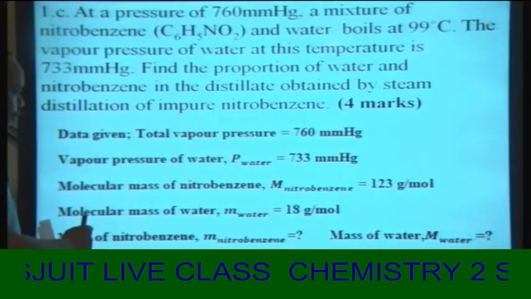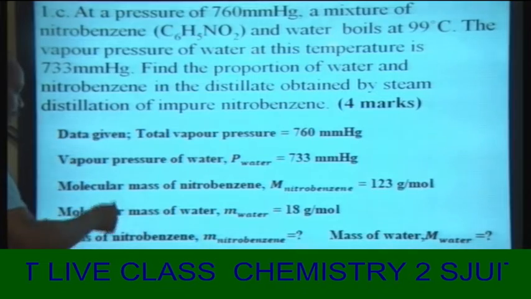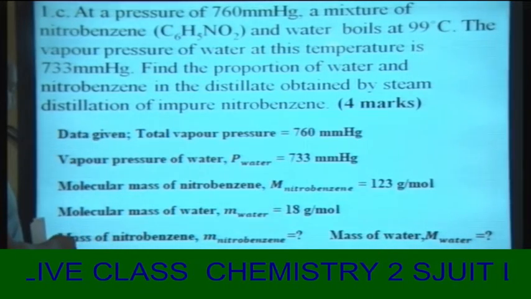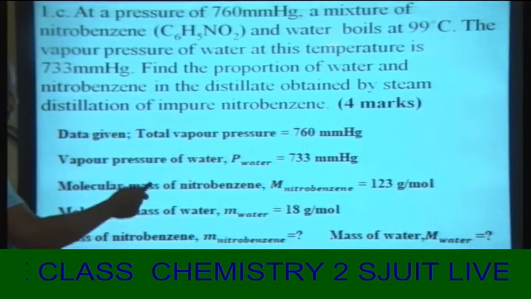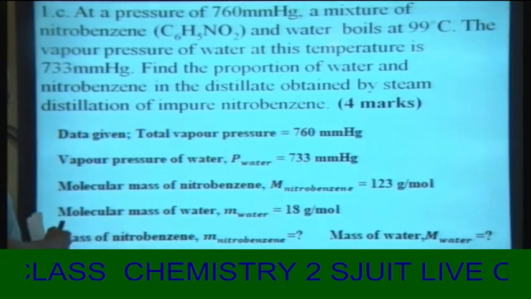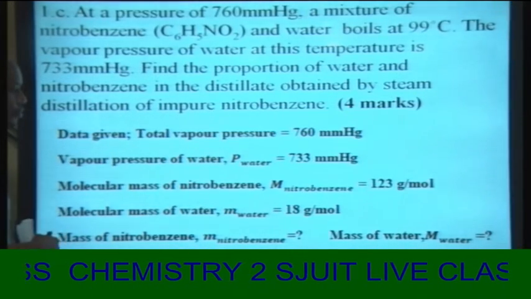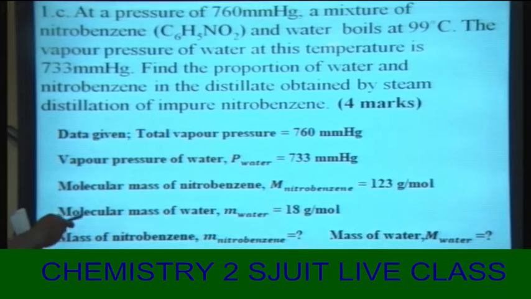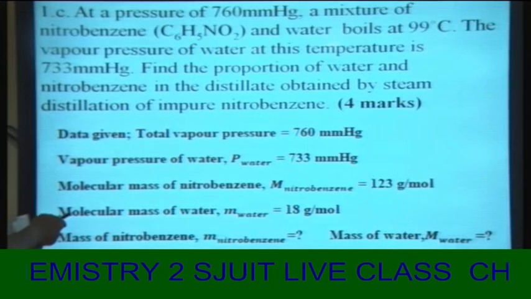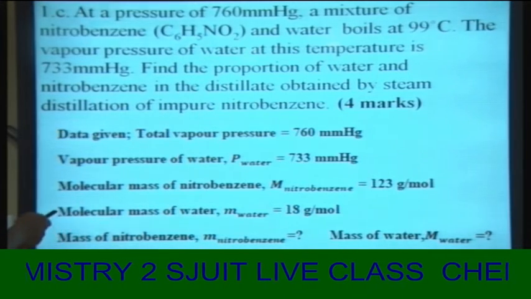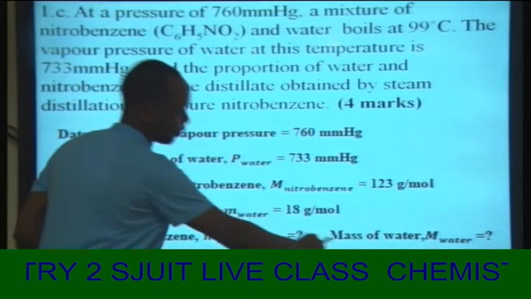A proportion of water means the mass of water, as well as the proportion of nitrobenzene means the mass of nitrobenzene, in a mixture which contains nitrobenzene and water. And in here, we need to use again Raoult's law in order to establish the proportion of nitrobenzene and proportion of water.